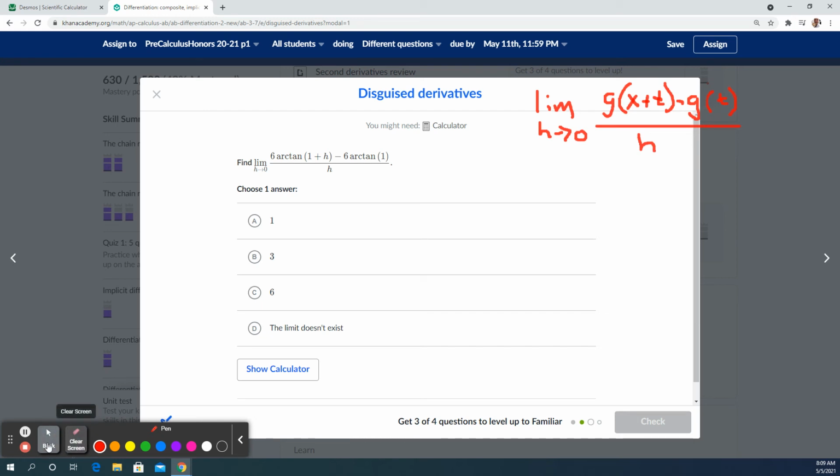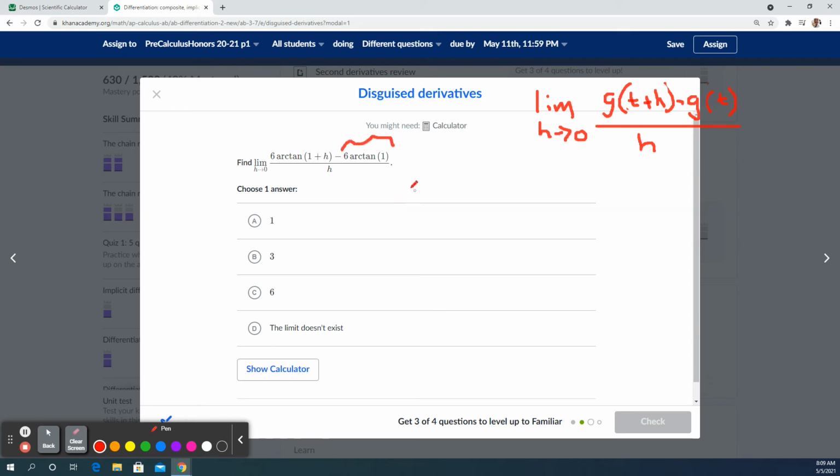I'm doing this from memory, and then I'll check my notes. Looks like it's going to be t plus h. Let's check. g sub t plus h minus g sub t all over h. Yep, good. Got it. So this is our function.